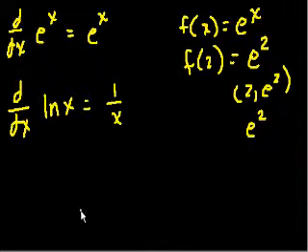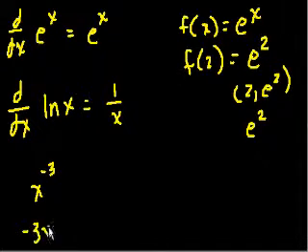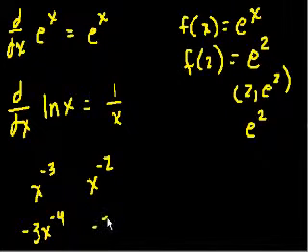Because think about it. Let's draw a bunch of functions. The derivative of x to the minus 3 is minus 3 x to the minus 4. The derivative of x to the minus 2 is minus 2 x to the minus 3.